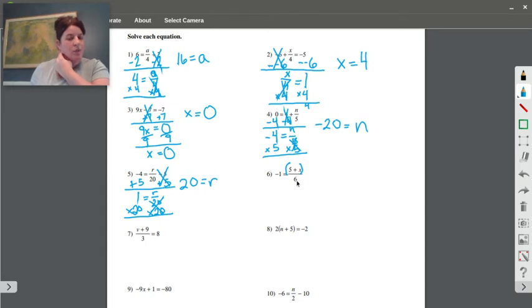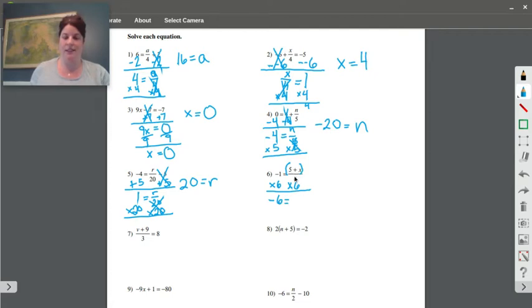It's in a group where you do that first. So for this one, we're going to first take care of this divided by 6 and then take care of the plus 5. We have a divided by 6, so we're going to multiply by 6 on both sides. And -1 times 6 is -6.